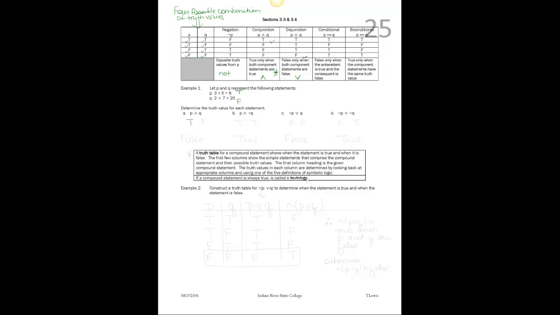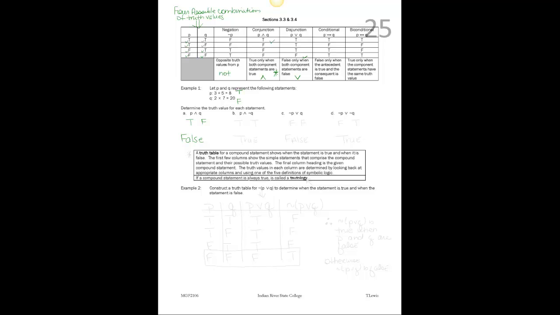And for Q, we said that it was false. Now remember, for the conjunction, both P and Q must be true for this statement to be true. So my question to you is, is this a true value? No, it's false because both P and Q must be true.